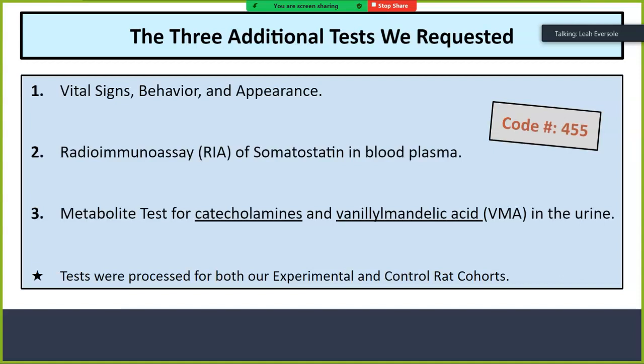So the 3 tests that we looked at were vital signs, behavior and appearance, an RIA of somatostatin in blood plasma, and a metabolite test for catecholamines and VMA in the urine. And all of these tests were processed for both our experimental and control rat cohorts.